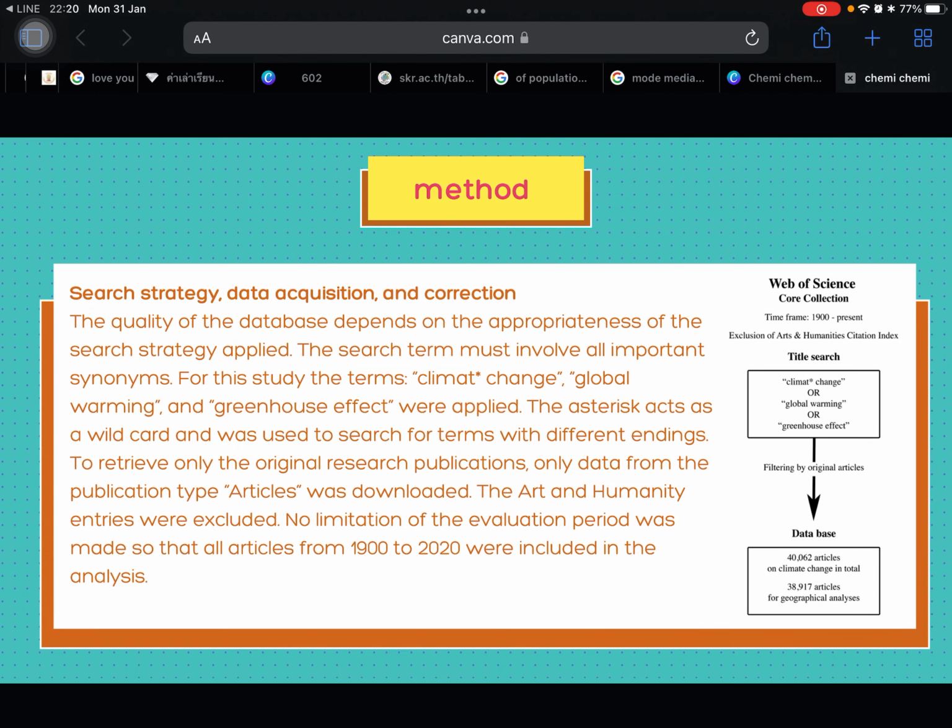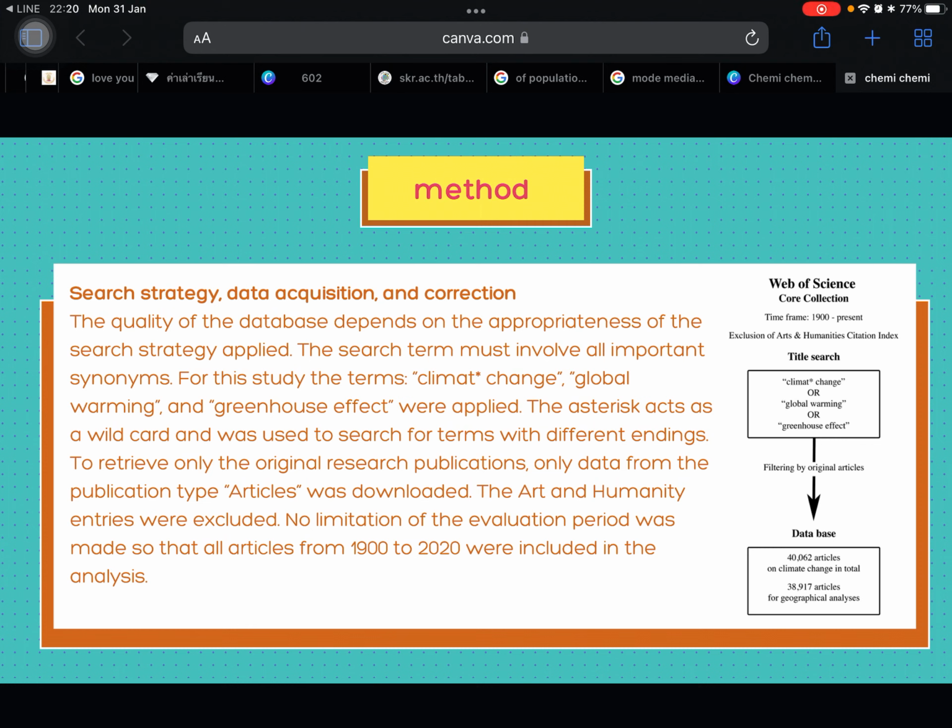Search strategy, data acquisition, and correction. The quality of the database depends on the appropriateness of the search strategy applied. The search term must involve all important synonyms. For these studies, the terms climate change, global warming, and greenhouse effects were applied.